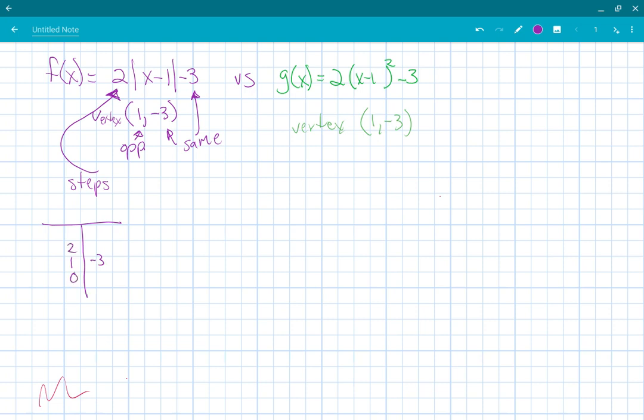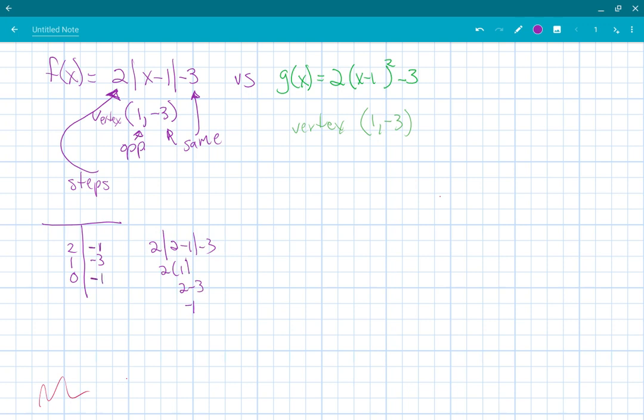What number would you like to plug in? It doesn't matter, just pick one. What's easier, 2 minus 1 or 0 minus 1? 2 minus 1 is actually easier, right? So this becomes negative 1, and this also becomes negative 1.